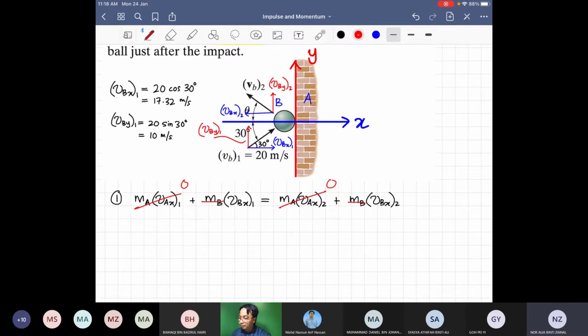Sebab MA VAX1 dan MA VAX2 ni pun sama dengan kosong. Okay, so kita ada VBX1 sama dengan VBX2. Is it right?